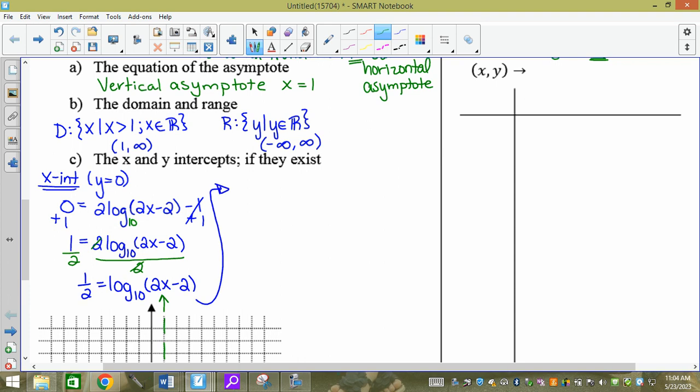Okay. Can I convert now? Yes. The base of my log becomes the base of my exponent. What's with it? So I get 10 to the 1/2 equals 2x minus 2. Okay, so I add my 2.